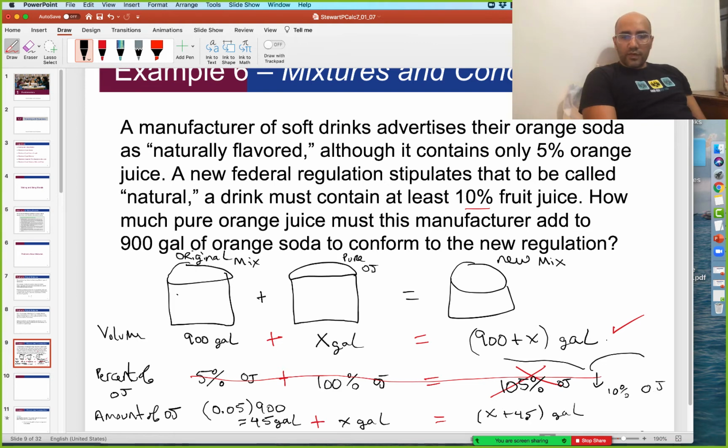So it must be true that this is equal to 0.1, which is 10%, times 900 plus X. 900 plus X. Let me get a new thing.